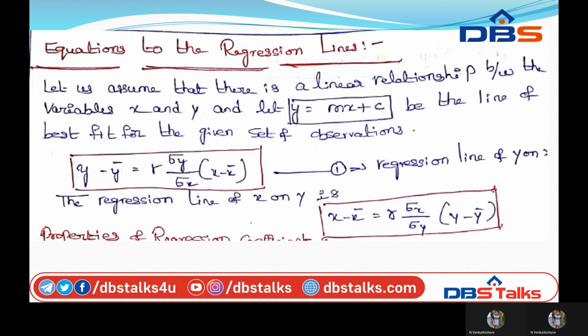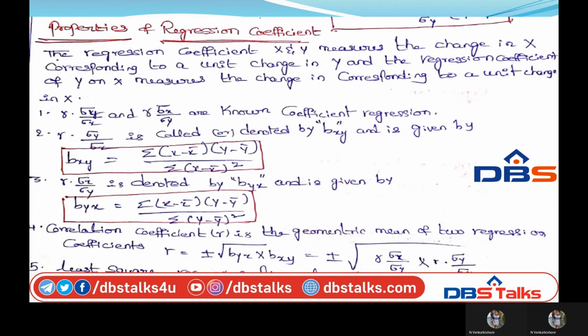The regression line of y on x is y minus y dash equals r times sigma y by sigma x into x minus x dash. In the same way, this is the formula for the regression line of x on y.